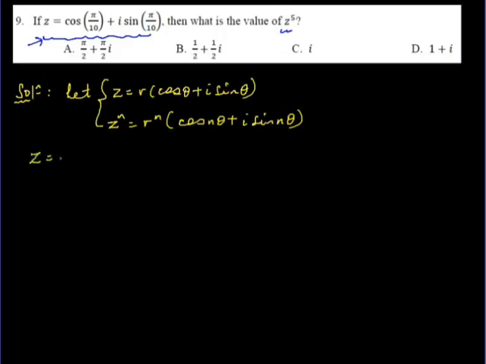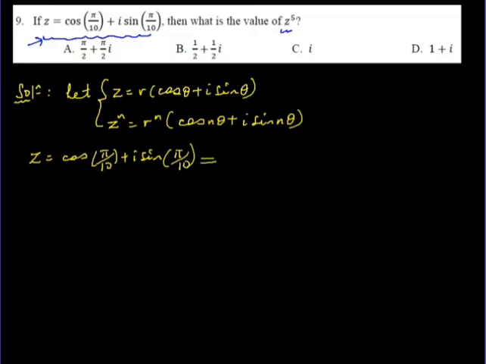So z is already given as cosine of pi over 10 plus i times sine of pi over 10. r is here 1.